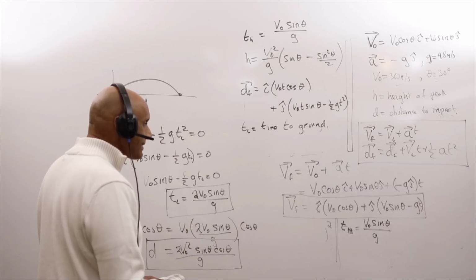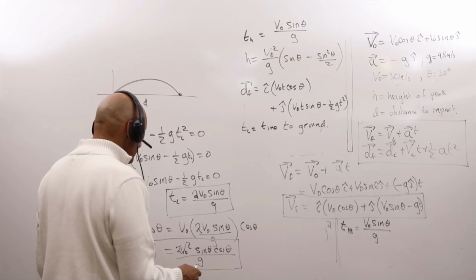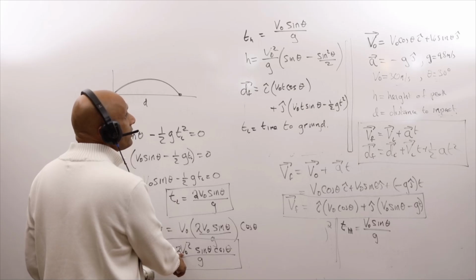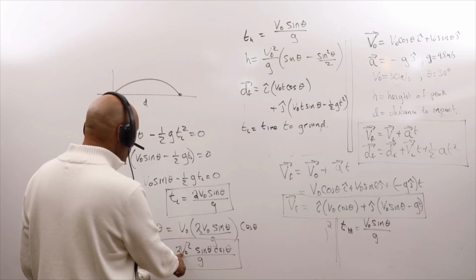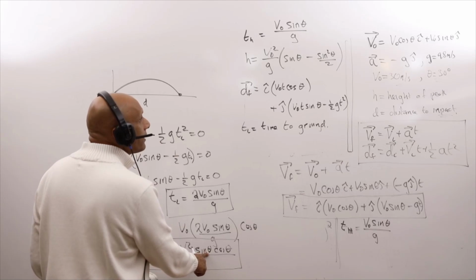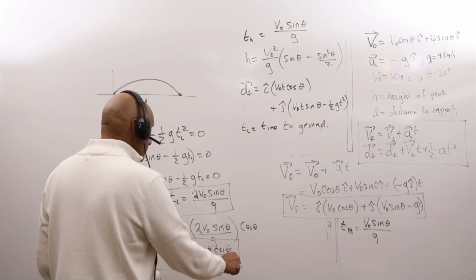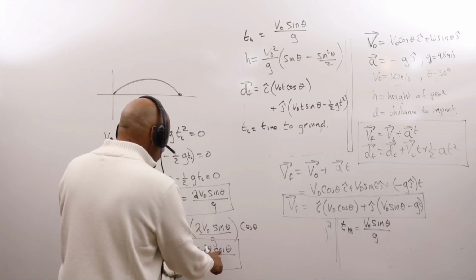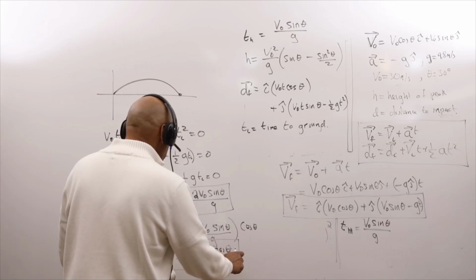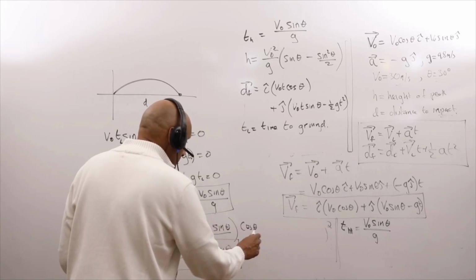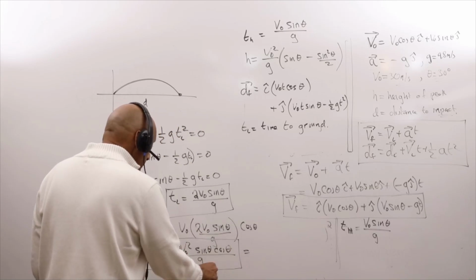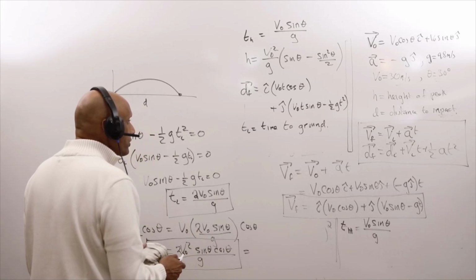So in the last step, you should actually be substituting in a calculator. You say 2 times V0, V0 happens to be 30, squared, sine of 30 degrees, cosine of 30 degrees, over G. And remember, 2 sine theta cosine theta is actually sine of 2 theta, but this is not important.